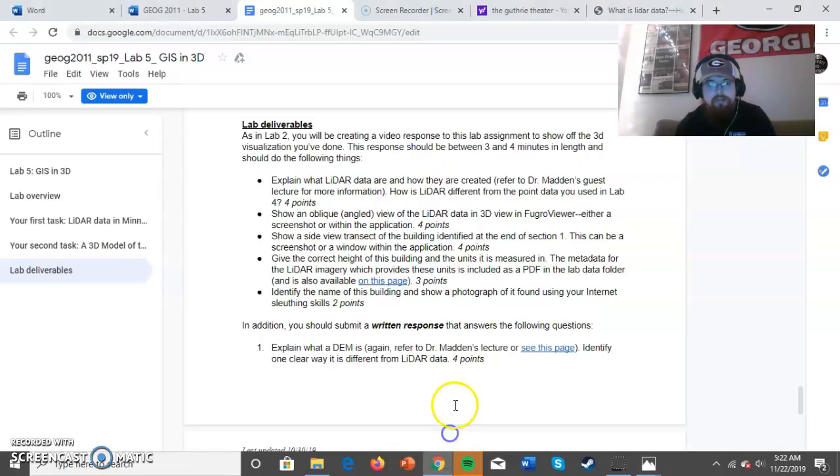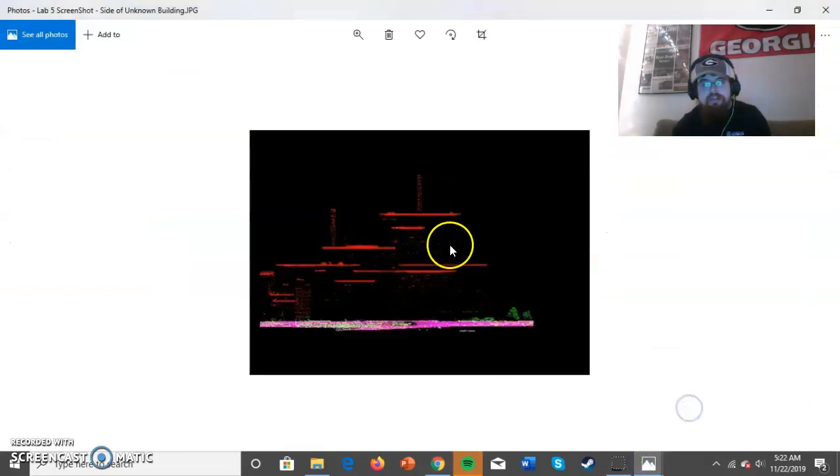Number 4 for this lab is give the correct height of this building and the units it is measured in. For the lab, I noticed that to give the correct height, you wanted to measure it without the antennas. If we are measuring from here to here, I got a measurement of about 37.3 units. After looking over the PDF file, one unit is measured out to about 1 meter.